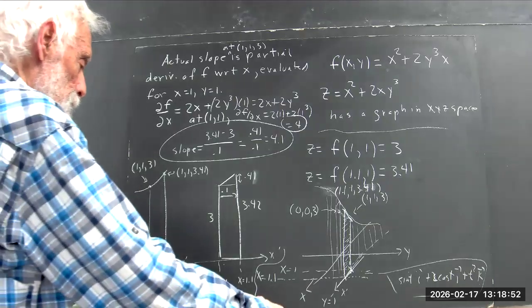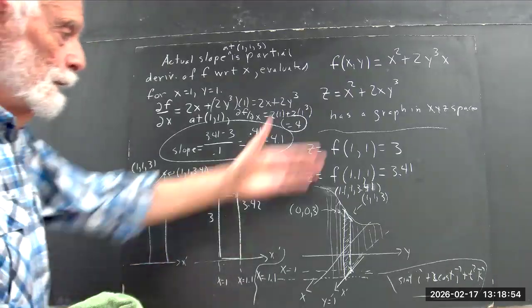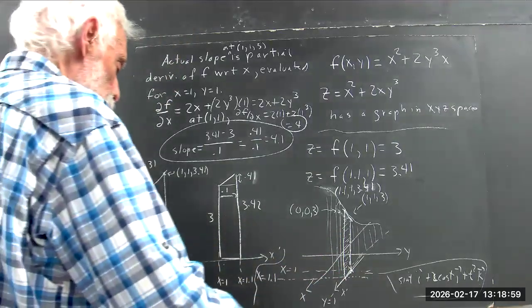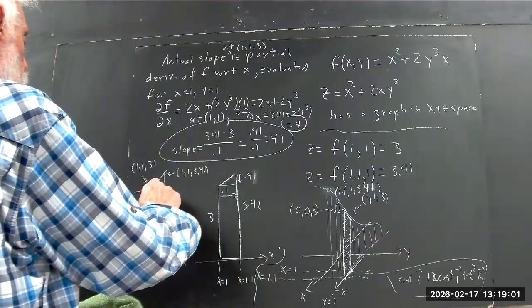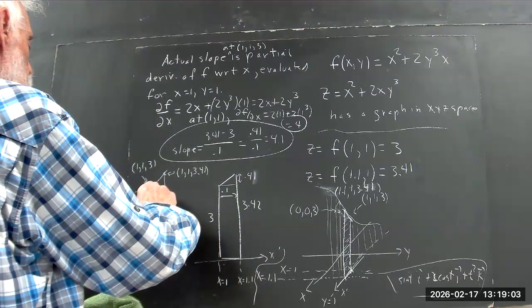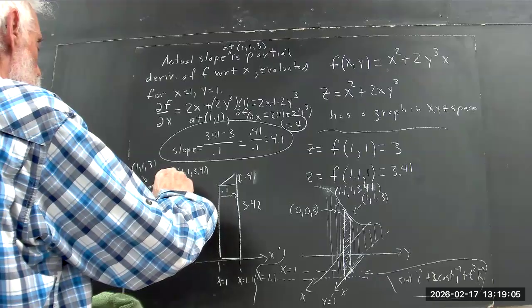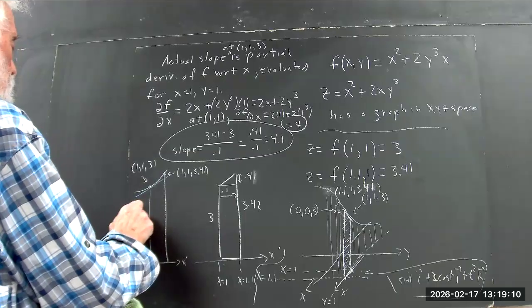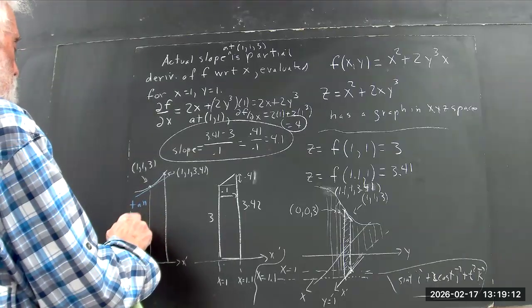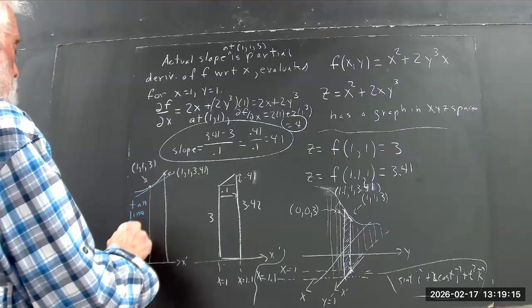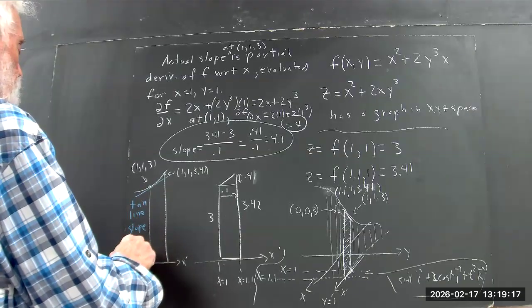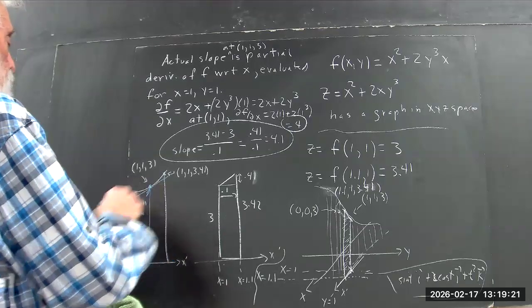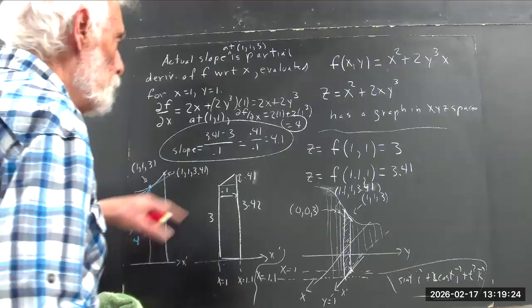The tangent line at this point in this plane has a slope of 4. Tangent at this point has a slope of 4.